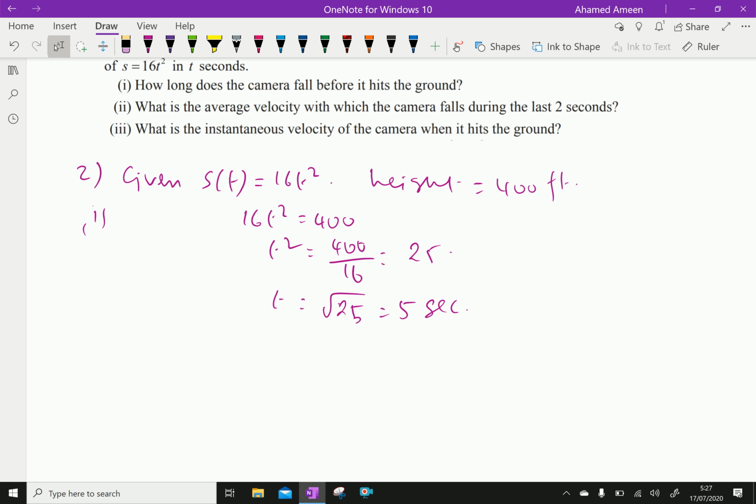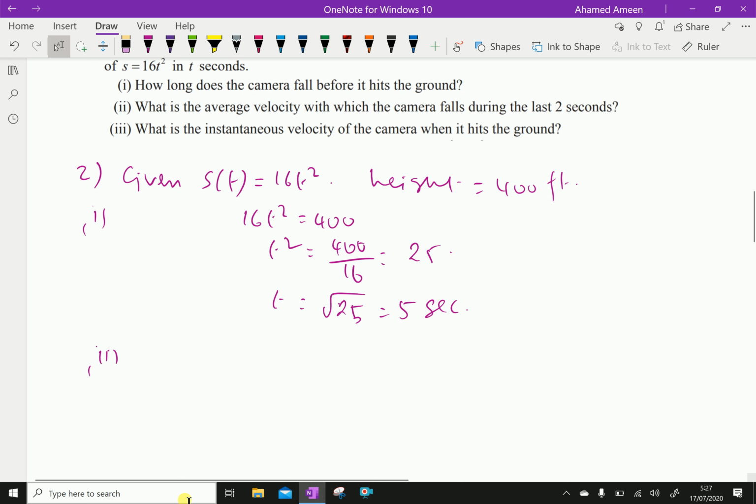Then second part of the question: what was the average velocity with which the camera falls during the last 2 seconds? After 5 seconds it reached the ground. We have to find the average velocity with which the camera falls during the last 2 seconds.